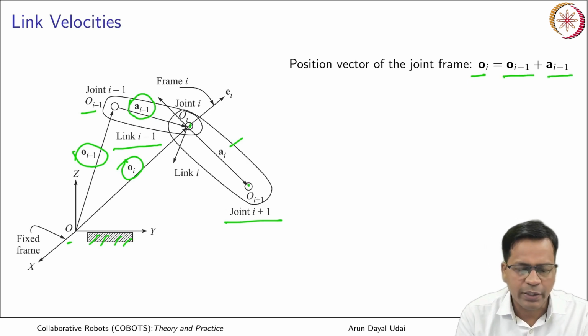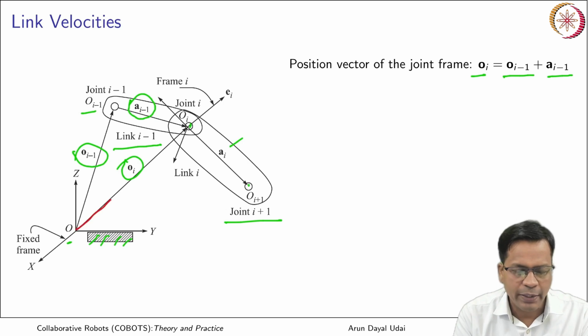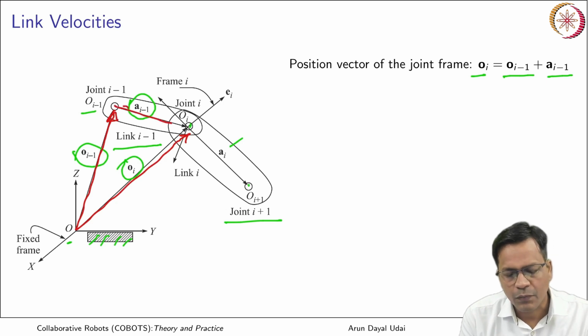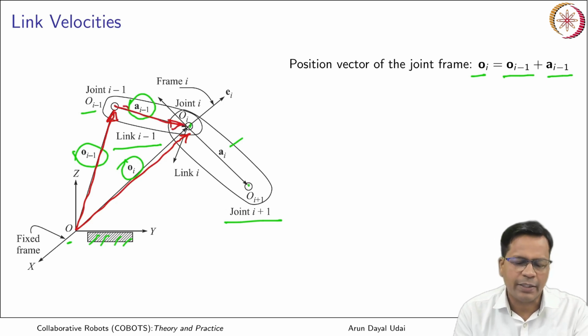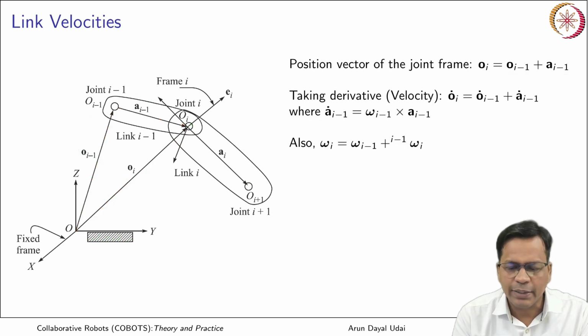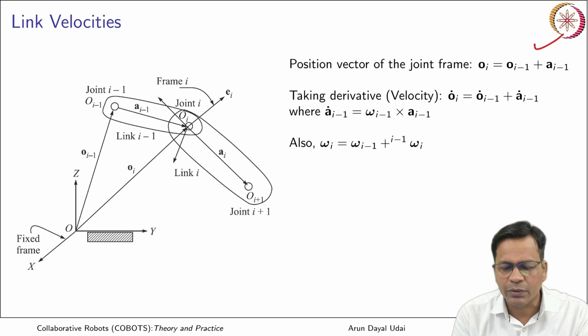So, if I can draw it here, Oi is equal to Oi minus 1 plus this vector, using vector triangle. You can quickly obtain it, you can write it like that. So, taking derivative of this, what do I get? Oi dot is equal to Oi minus 1 dot plus ai minus 1 dot.